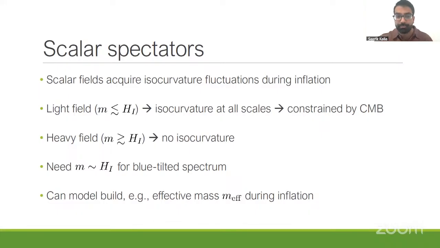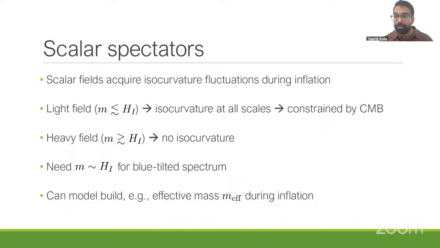A little more specifically, the statement is usually that if a scalar field is very light, so if its mass is much smaller than the Hubble scale during inflation, then we usually say it gets isocurvature at all scales, both small and large. And as we saw, constraints on large scales from the CMB tell us that such scenarios are somewhat constrained.